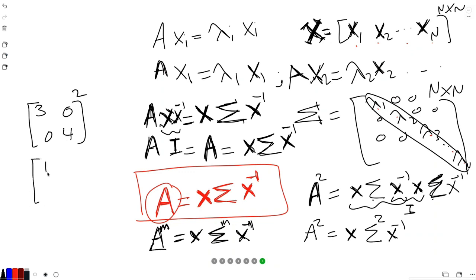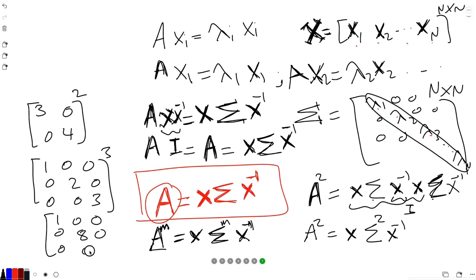For example, if you have 1 0 0, 0 2 0, 0 0 3, and I want to take the cube of this matrix, then simply it will be 1 0 0, because 1 cubed is 1, 0 8 0, because 2 times 2 times 2 is 8, 0 0 27, because 3 times 3 times 3 is 27. That's it.